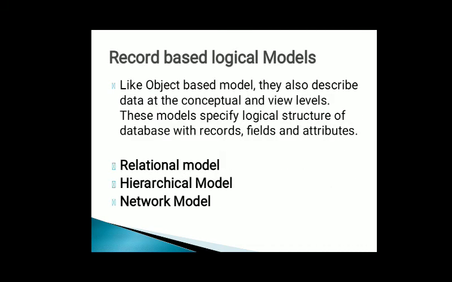Next one is the record based logical model. Like object based model, they also describe data at the view level or a conceptual level, right? This model specify logical structure of the database with records, fields and the attributes.